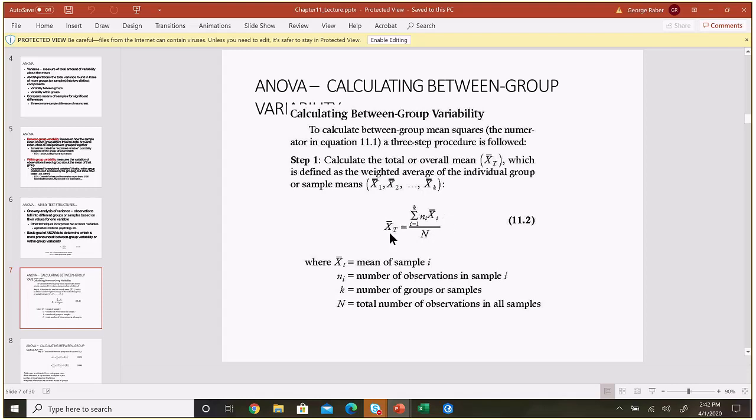This is the formula for weighted mean. So this X T, which they refer to in your book as the overall mean, is the weighted mean for all of the values using the group means and their numbers. Okay, so that's what X T means there. It's just the weighted mean.